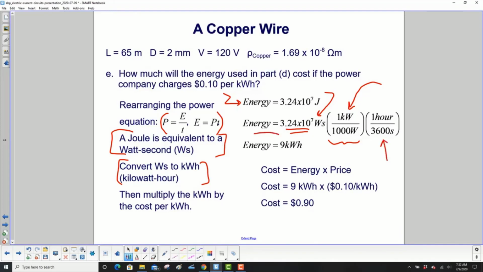Multiply everything through, and the energy is 9 kilowatt hours. We now multiply that by the price. There's 9 kilowatt hours, it's 10 cents a kilowatt hour, and the cost to run this light bulb for 30 days at 5 hours a day is 90 cents.